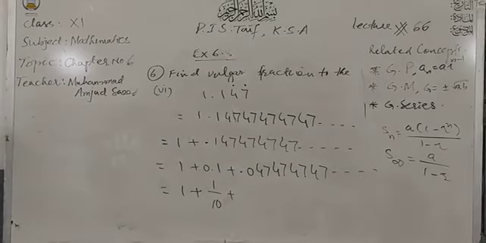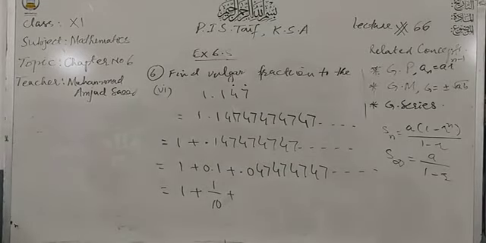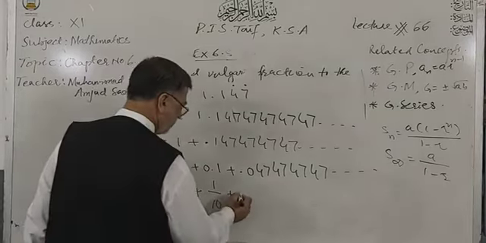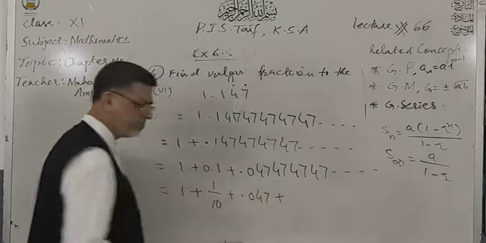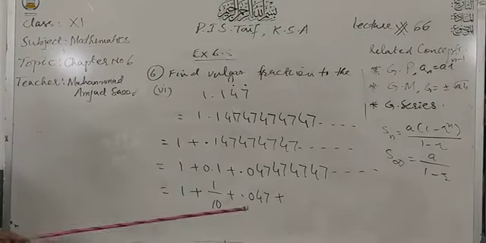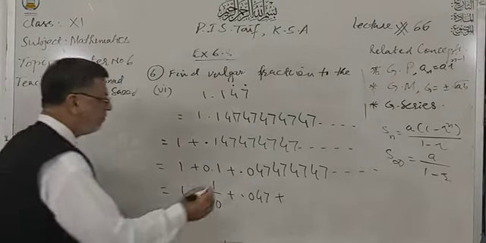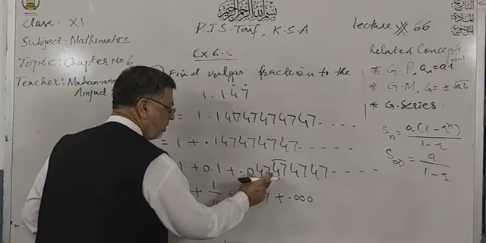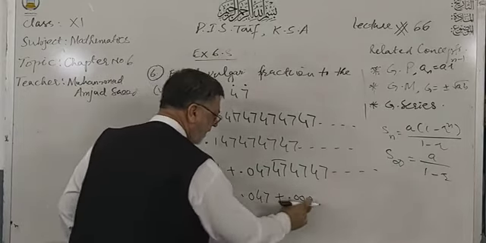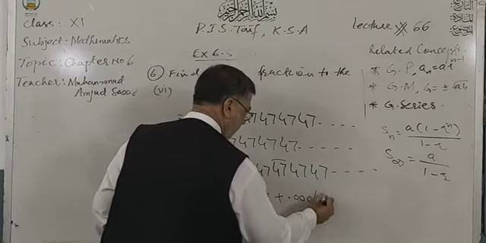And we have 0.047. Dear students, look at that. For the next 47, we will have 3 zeros in place of 047. When you add them, this 047 will fit at this place, and then 47 will come.